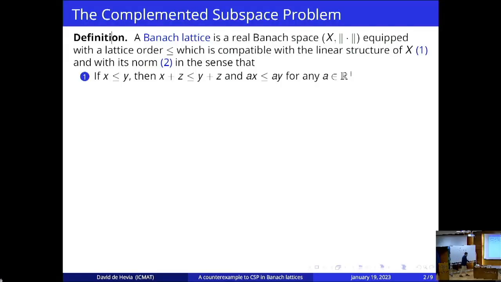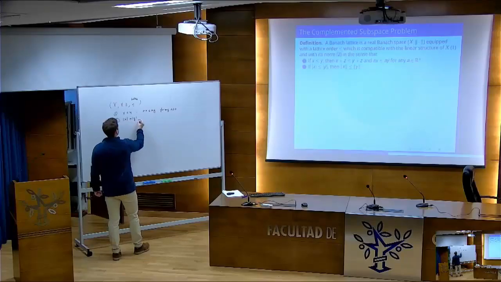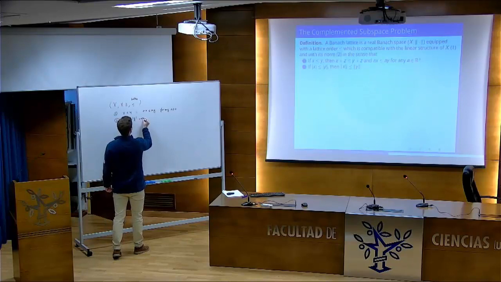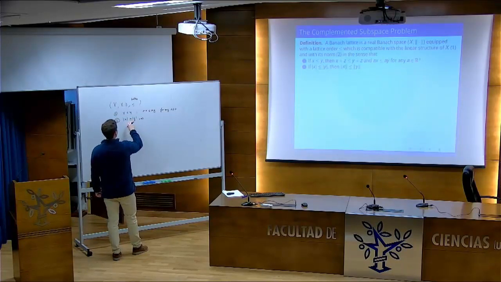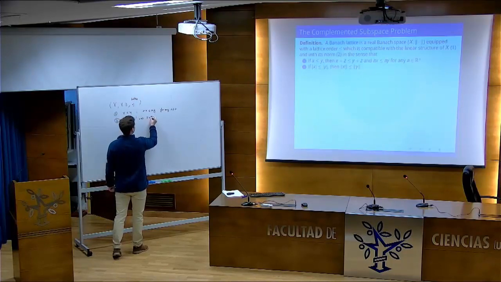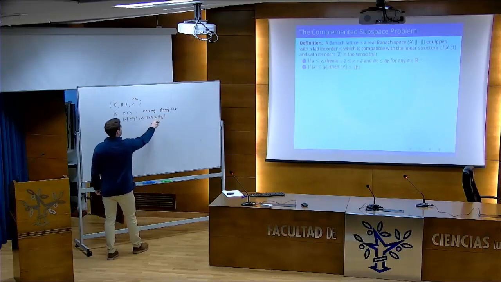And there is a compatibility condition with the norm, which is expressed by this. If the modulus of x is smaller or equal to the modulus of y, then the norm of x is smaller or equal to the norm of y.